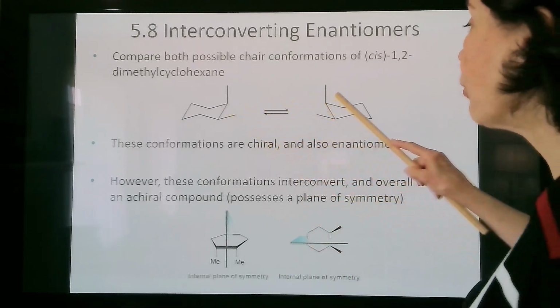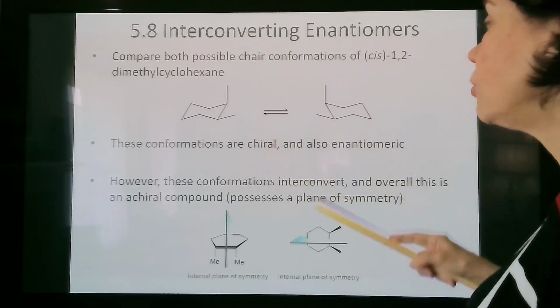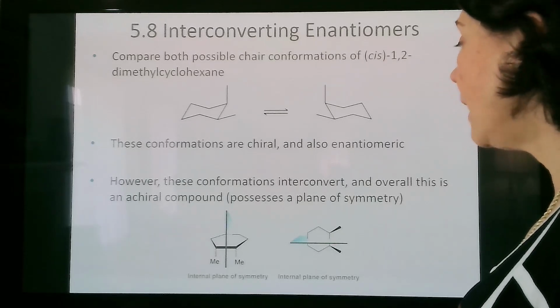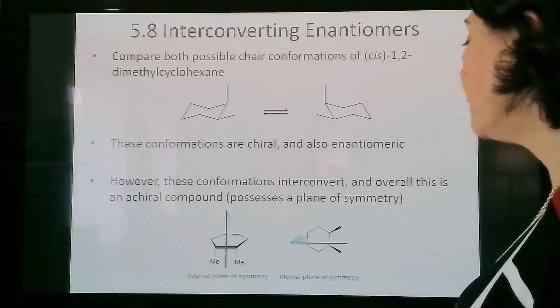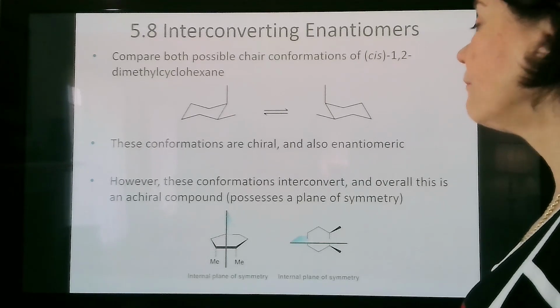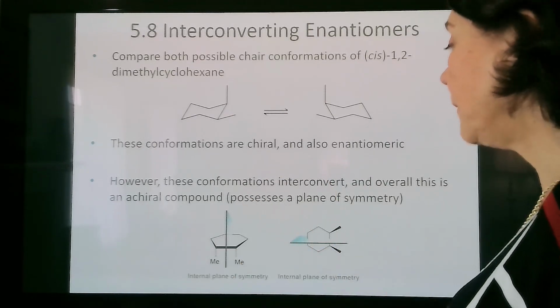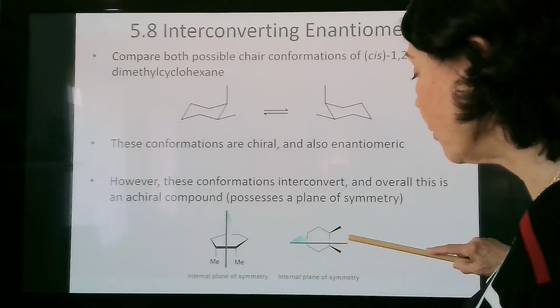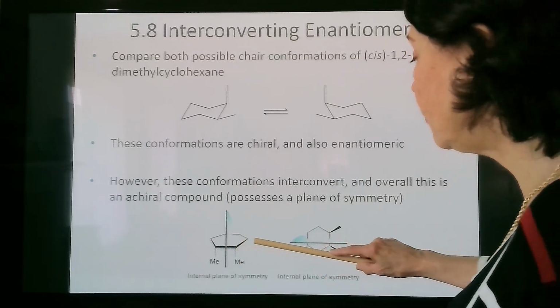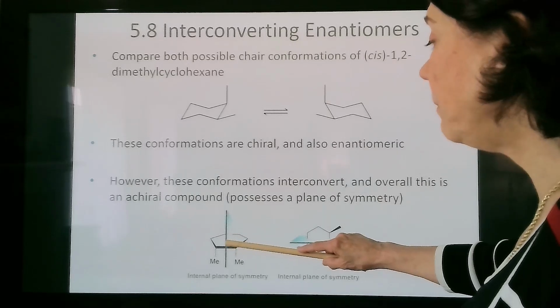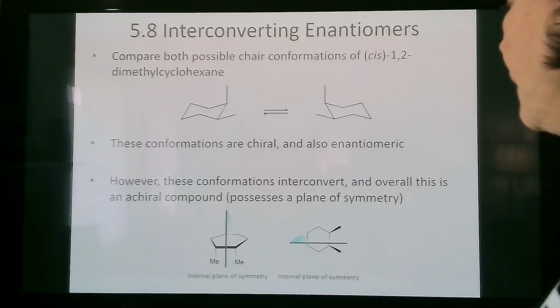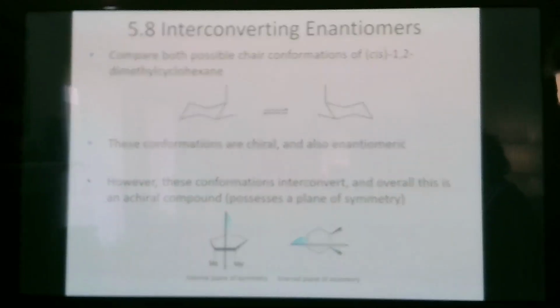If there was a way to freeze out this interconversion, it could be regarded that way, but the interconversion is just happening too fast. Here, this has an internal plane of symmetry, and so it would be its own mirror image. So this would be a meso compound anyway.